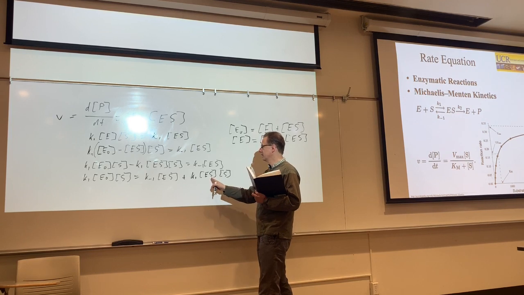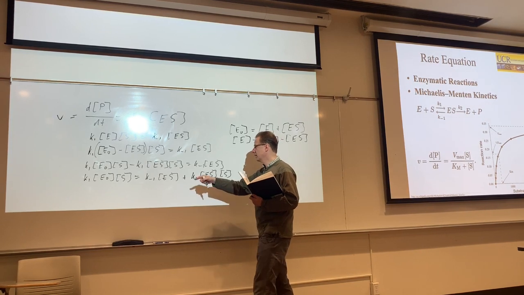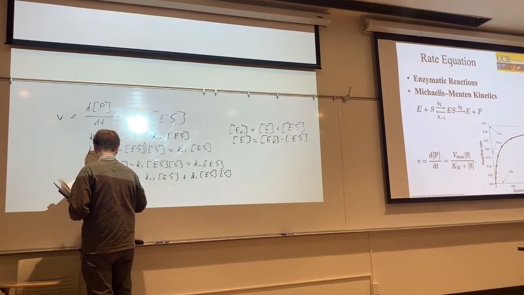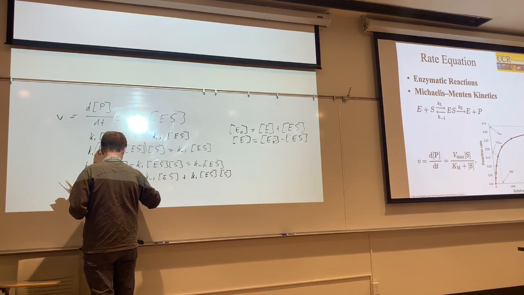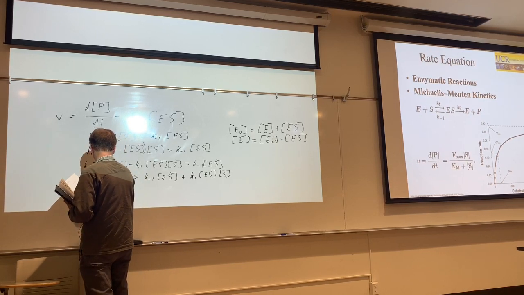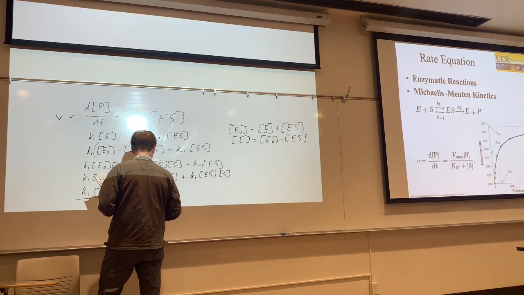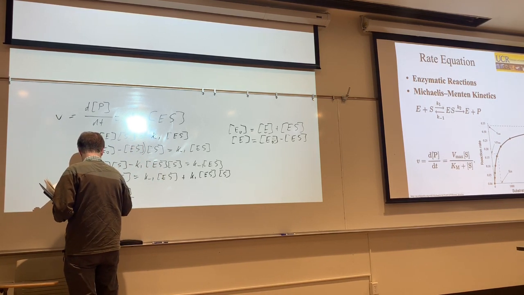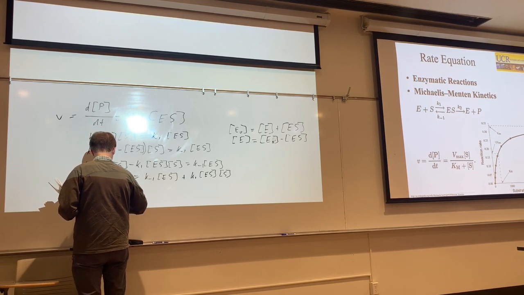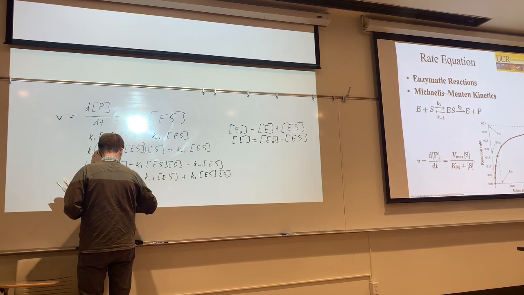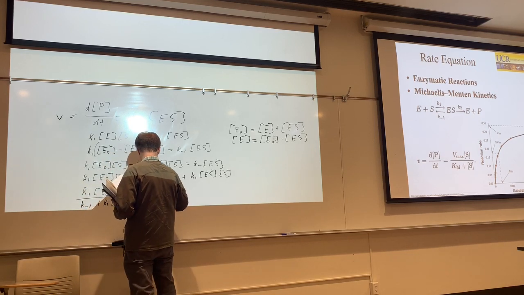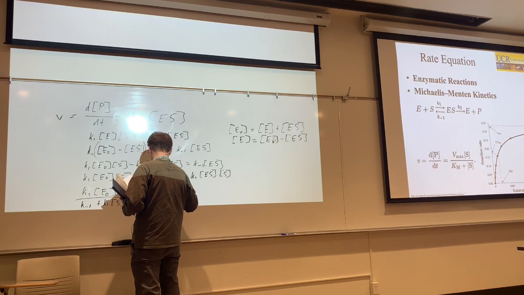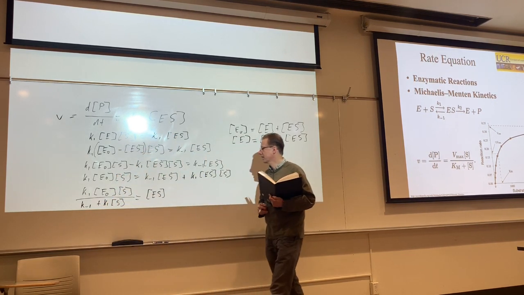So I can then take this one here out and divide, and I get K1 times the enzyme concentration times the substrate concentration, divided by K minus 1 plus K1 times the concentration of the substrate, is the concentration of the enzyme substrate complex.